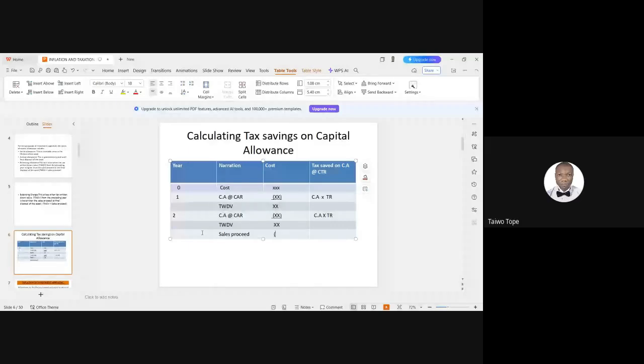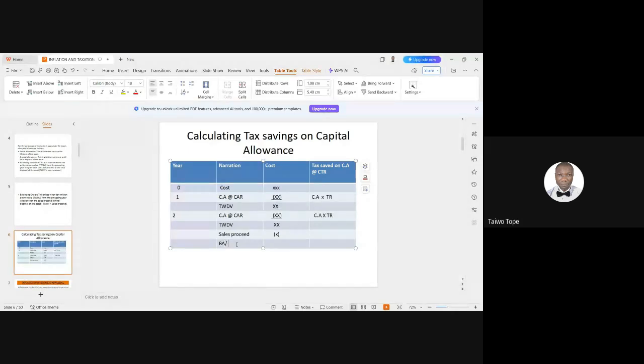If the sales proceed is less than the tax written down value, it's balancing allowance. It means tax will be charged on it.